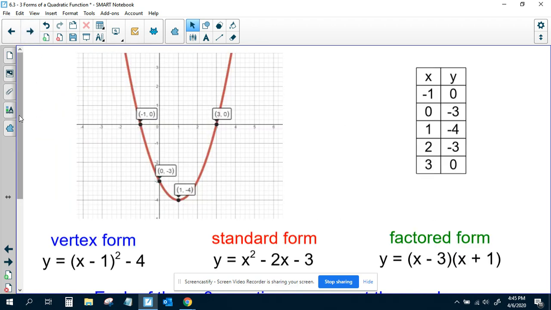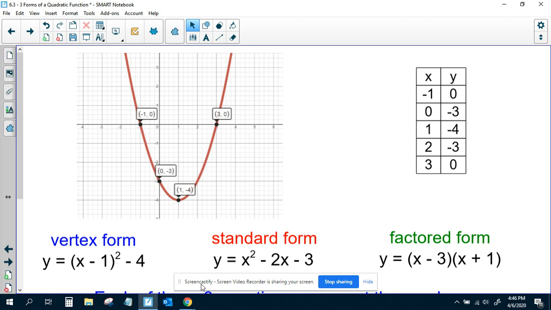Here we have a quadratic function, represented by a graph and represented by a table with its coordinate pairs. The three forms of a quadratic that we're looking at here: we have the vertex form, where we have y equals x minus 1 to the second power minus 4.